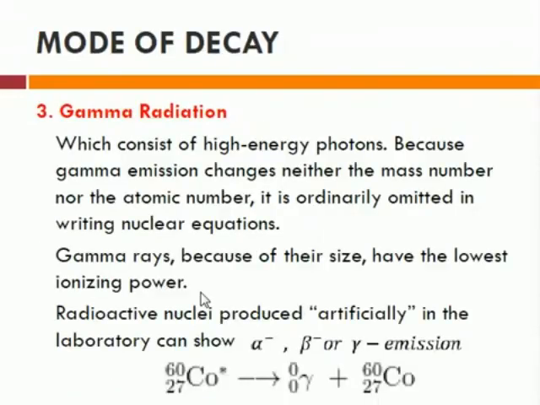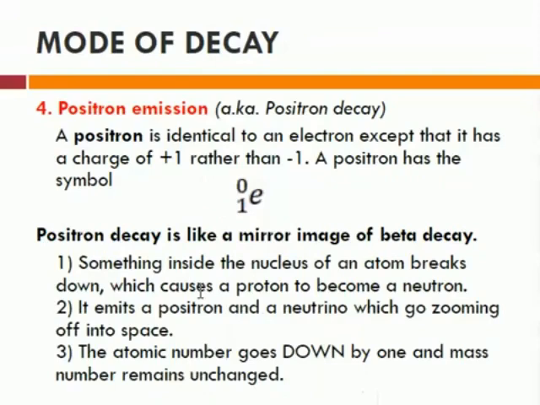While in positron emission, the nucleus of an atom breaks down, which causes a proton to become a neutron. Number 2, it emits a positron and a neutrino, which go zooming off into space. So we have a positron and a neutrino on the product side, on the right side of the equation.